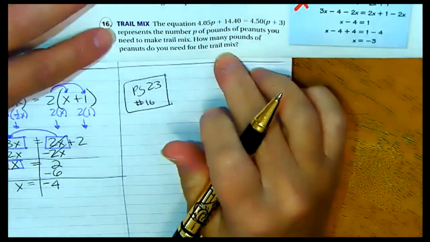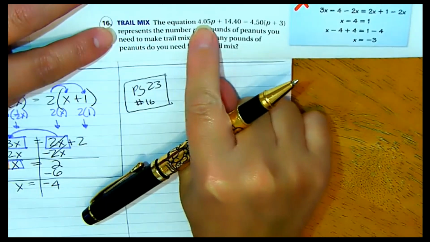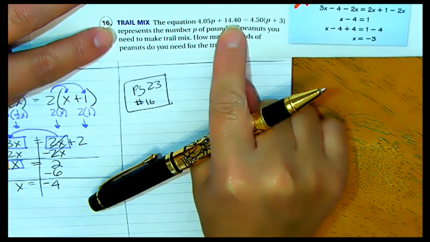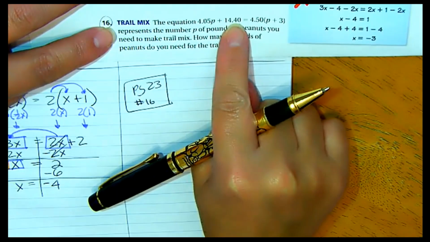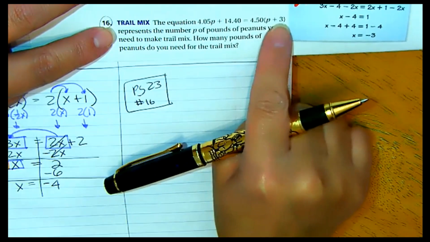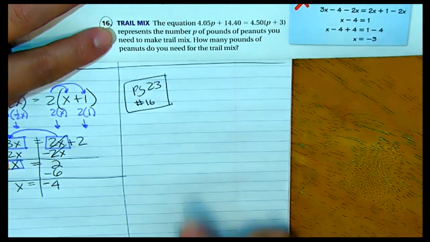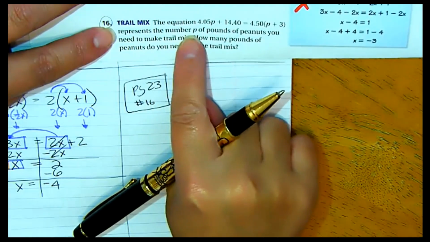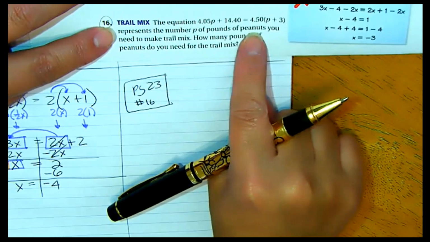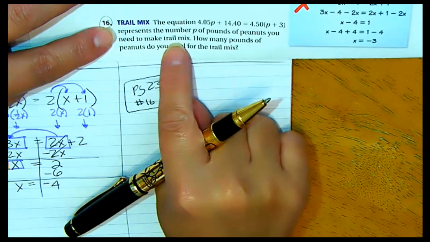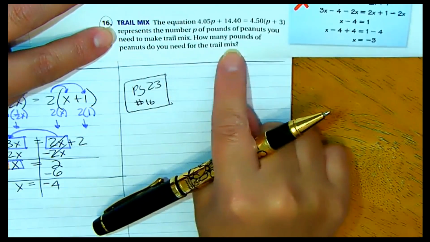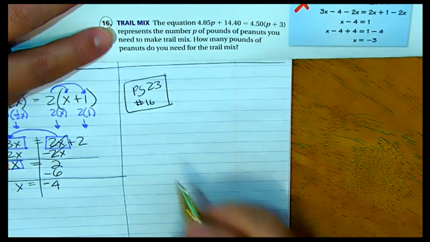Okay, the equation 4 5/100 p plus 14 40/100 equals 4 50/100 times p plus 3 represents the number p of pounds of peanuts you need to make trail mix. How many pounds of peanuts do you need for the trail mix?